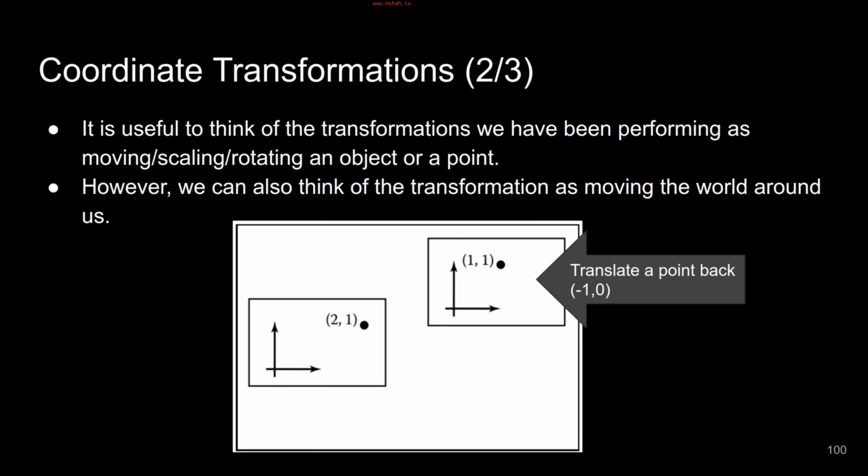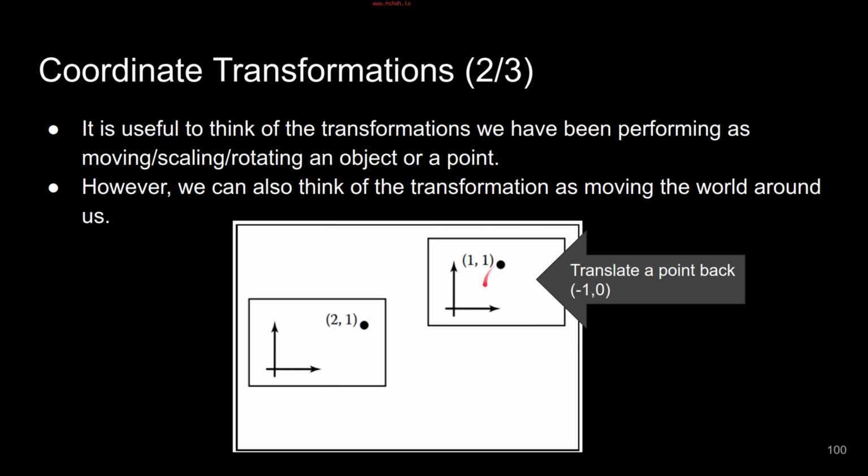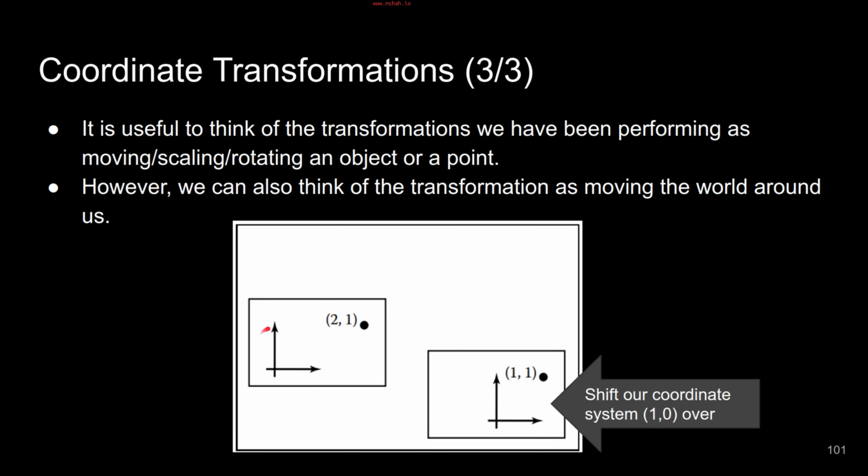Okay, so regardless, if I have this scene here and I want to translate a point back -1, 0, I can think about moving this way, where I transform the point here, so everything's relative to this axis here, or I can just move the whole world to that point here.